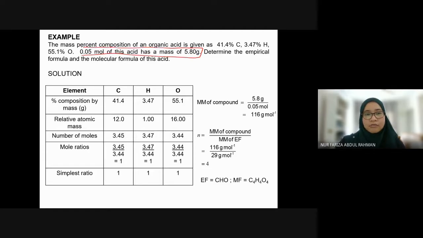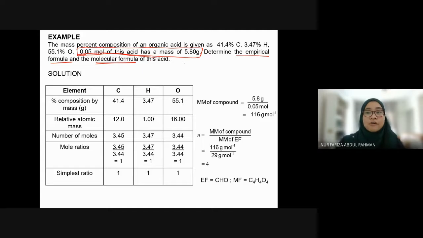When will this information be used? Look at the question. The question is also asking for a molecular formula, so you need to find the empirical and also the molecular formula.